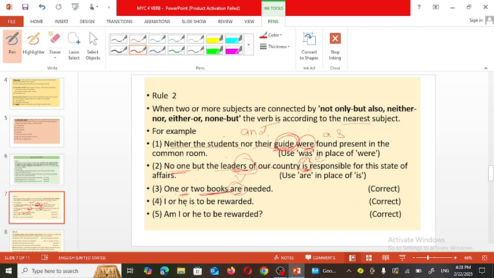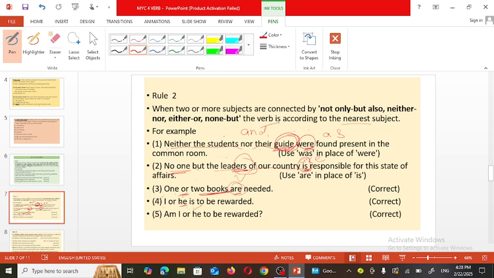He is, she is, it is, I am, they are, we are. So these are the helping verbs we use in present tense. So in I or he, the immediate subject to the verb is he, and that's why is will be the correct verb here.